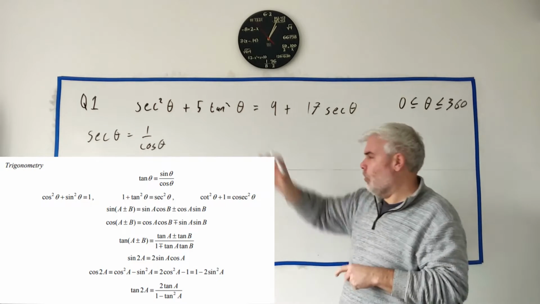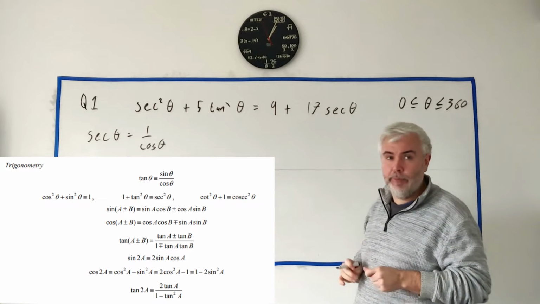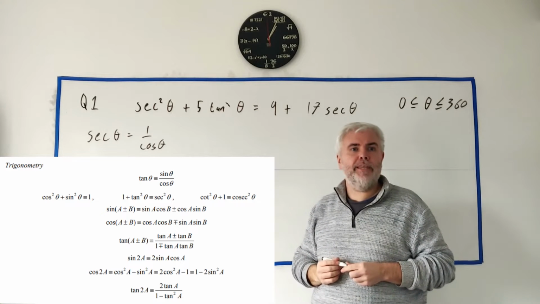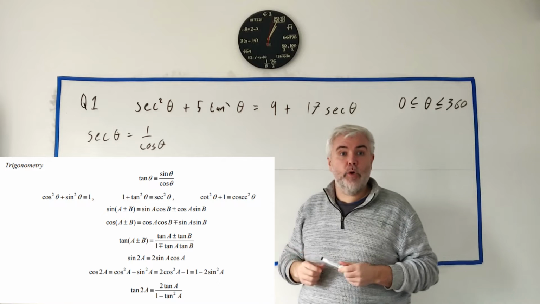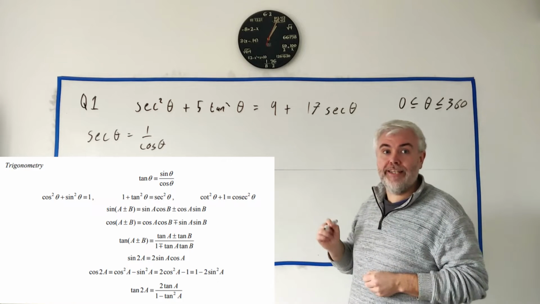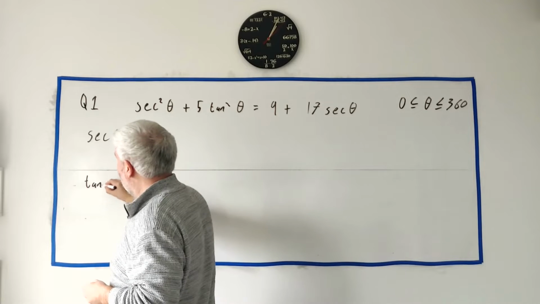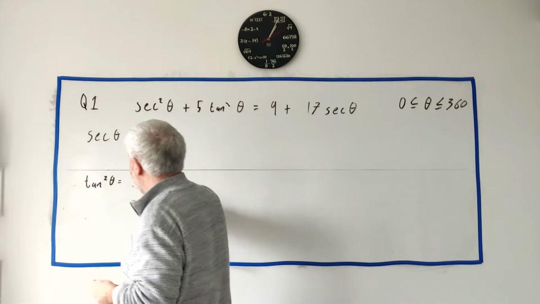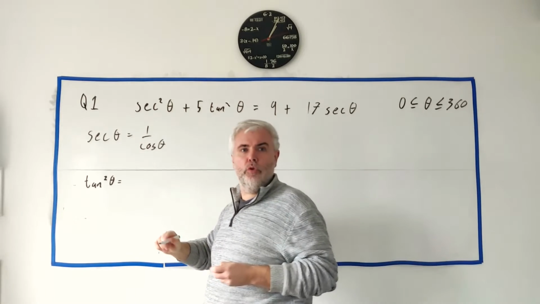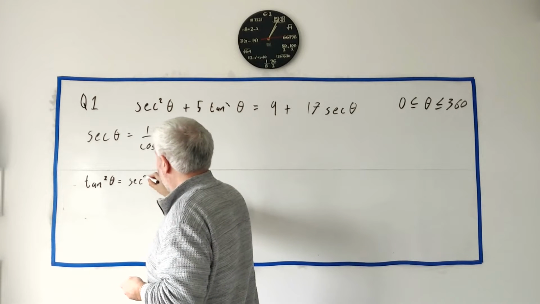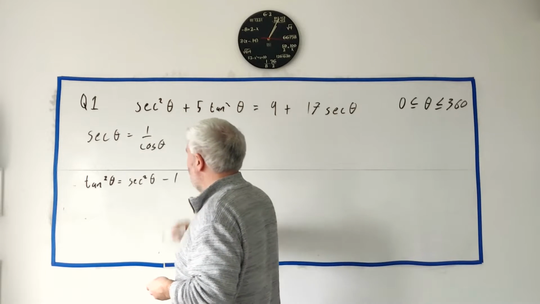Because I'll throw up on the board here the formula table, and as you can see from that, secant squared is equal to 1 plus tan squared theta. Or to write that another way, tan squared theta is equal to secant squared theta minus 1.